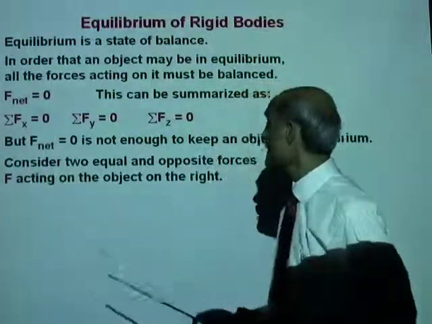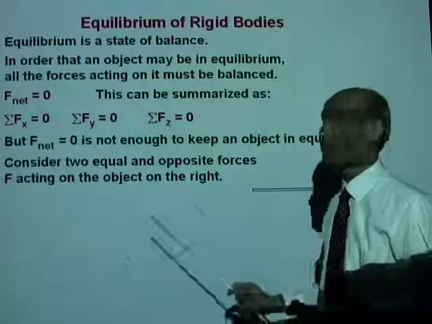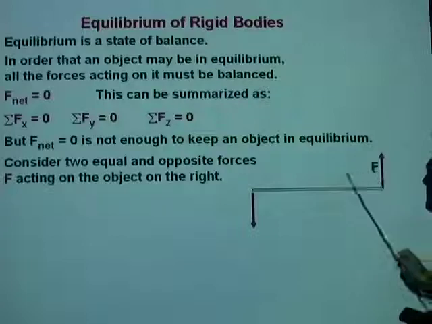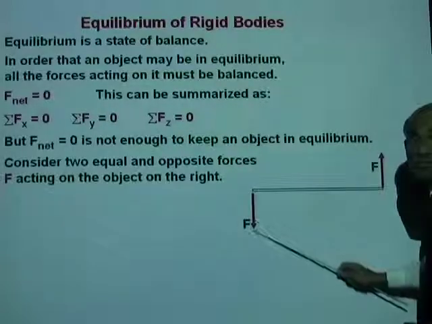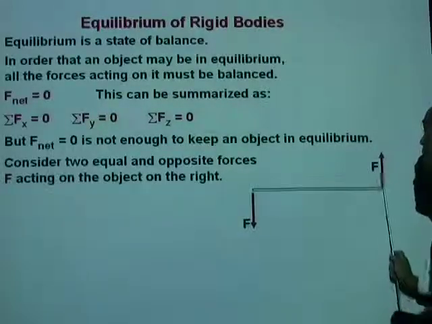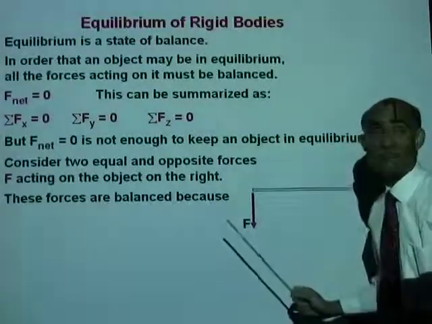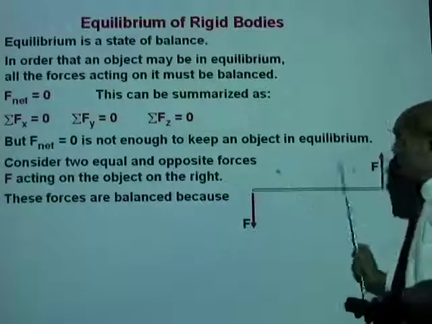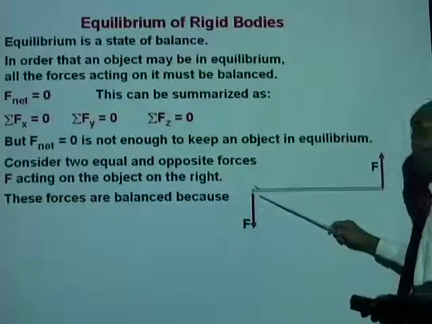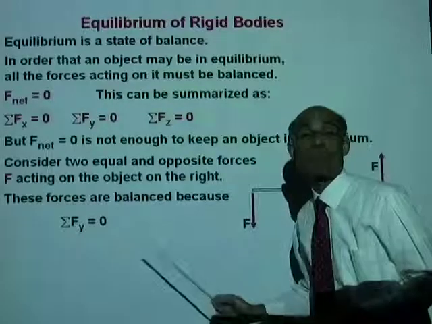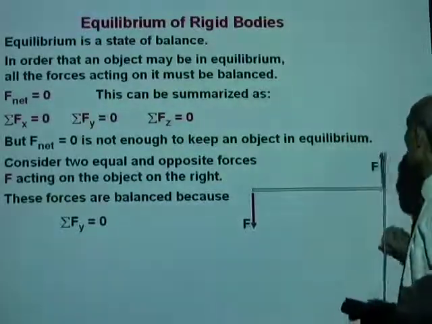So, consider two equal and opposite forces acting on this object. You got one force F acting down, the other force F acting up. These forces are balanced, is that right? Because upward force F minus the downward force, summation of the y forces, is equal to 0.